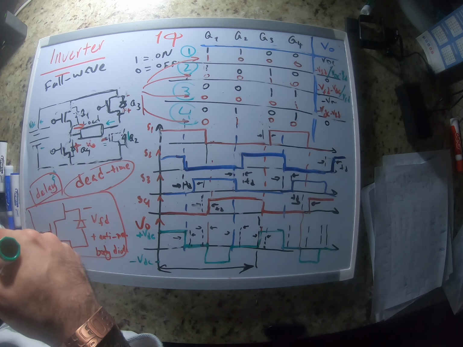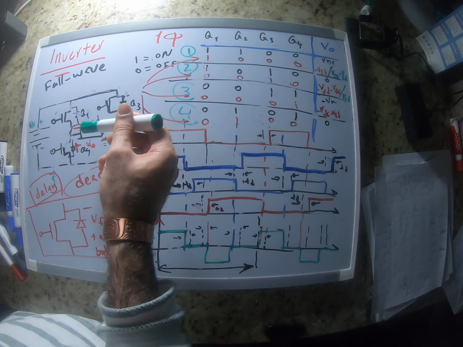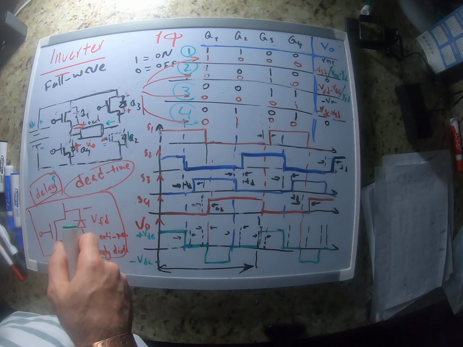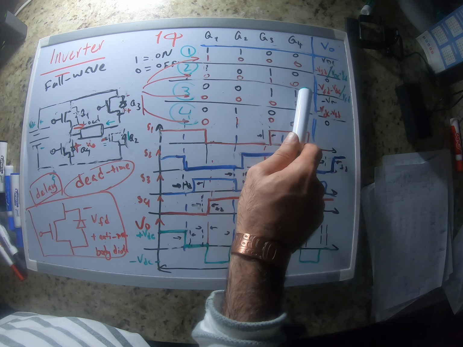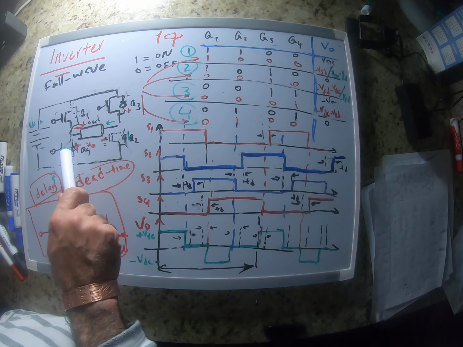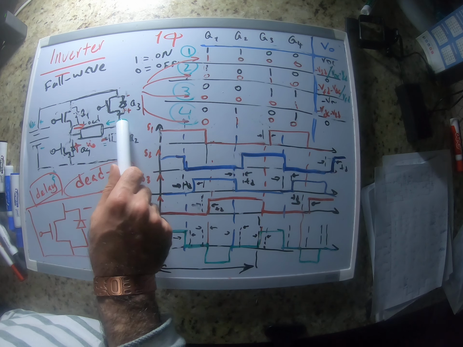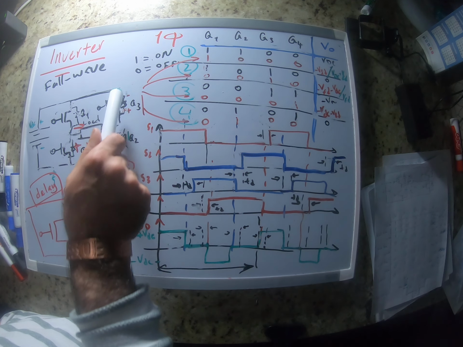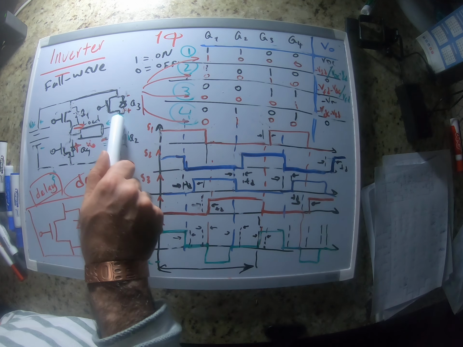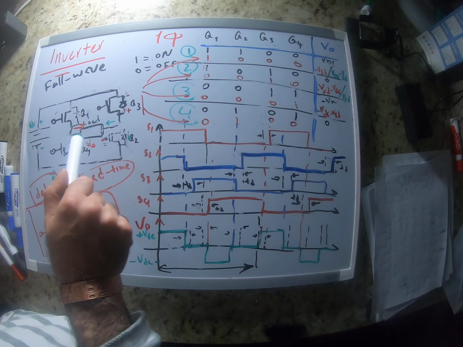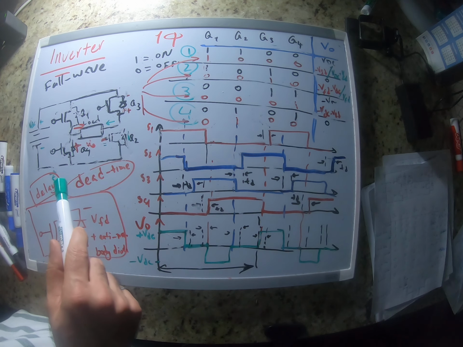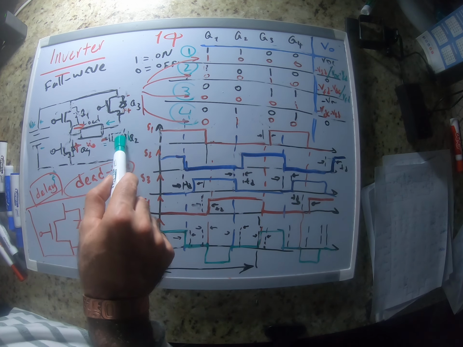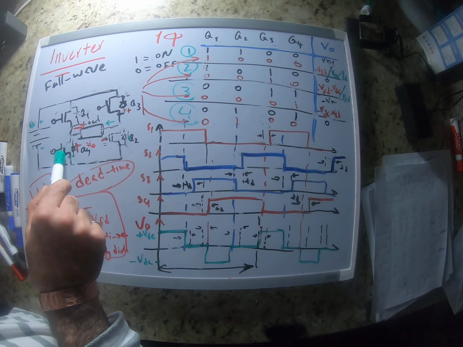Similar to the other two, we assume the current is going through this way. Switch 4 is on, so this switch is on. Now the current is going through here. Which of these diodes is going to conduct? Of course, diode 2. So the path for the current is through diode 2, going back to switch 4.